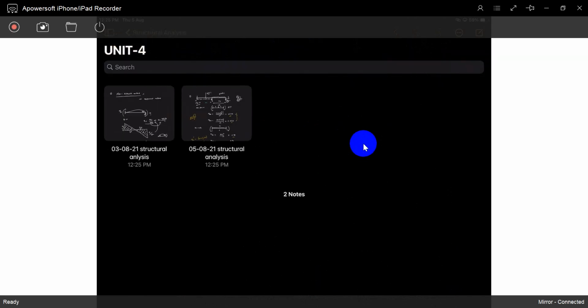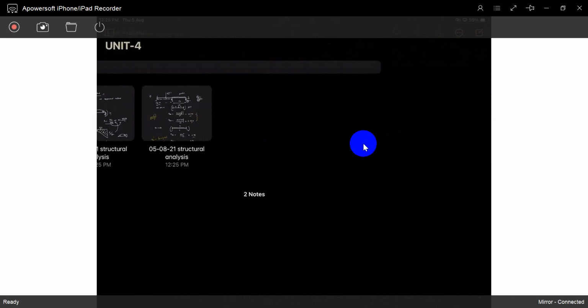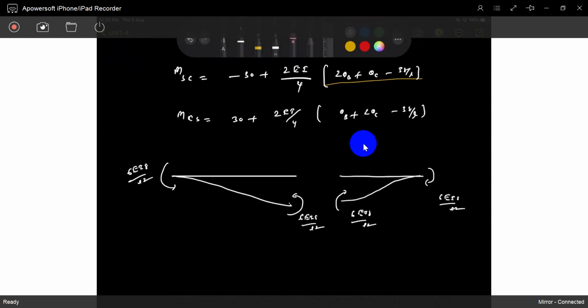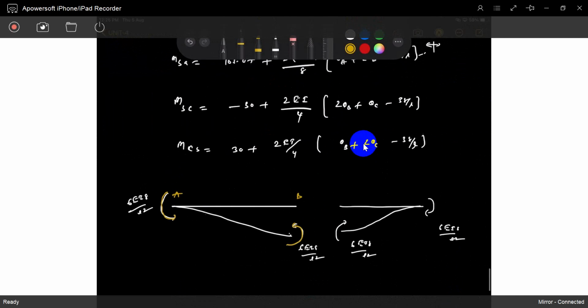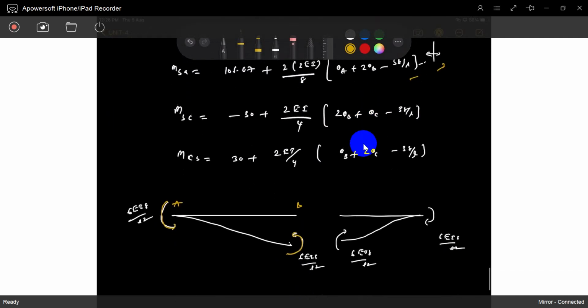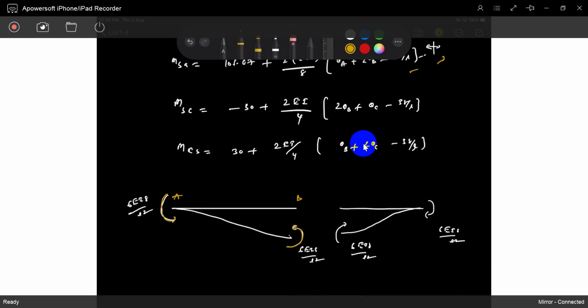If you see today, for the AB span it is okay, the slope deflection equations are exactly correct, because we get the same anticlockwise direction, so we write minus 3 delta by L. These are correct. But if you see the BC span, the moments will be in the clockwise direction. That means it's a plus.